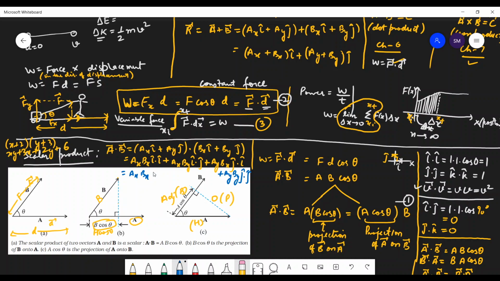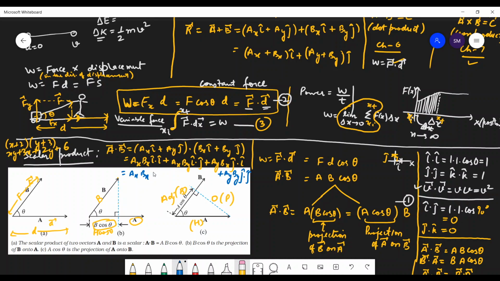So this whole will become 0 plus, what is j dot j? That is 1. So ay by. Hence I get a dot b is equal to multiplying their x components and multiplying their y components.